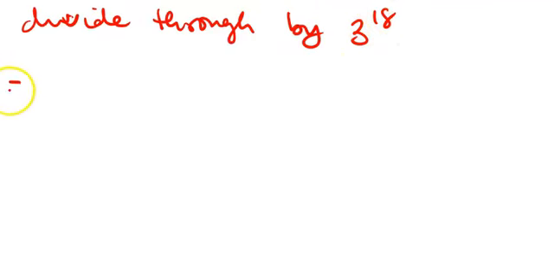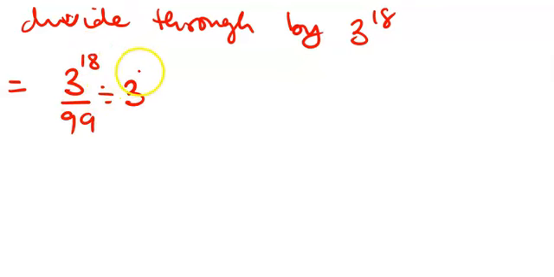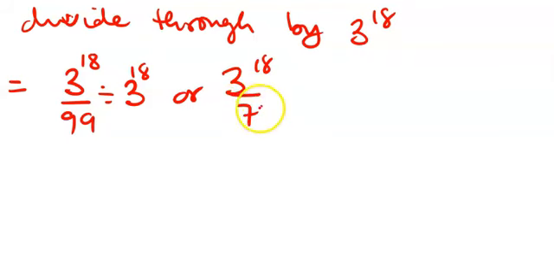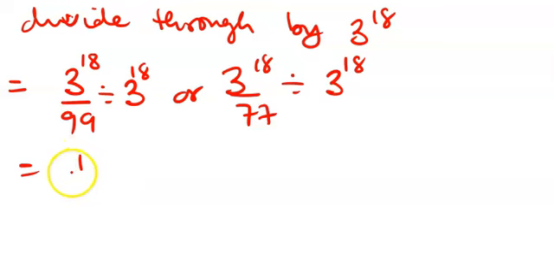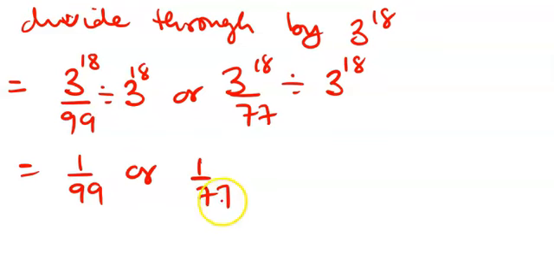In that case, we are going to have 3 raised to the power 18 over 99 divided by 3 raised to the power 18, or 3 raised to the power 18 over 77 divided by 3 raised to the power 18. Now when we simplify, we are going to have 1 over 99, or 1 over 77.